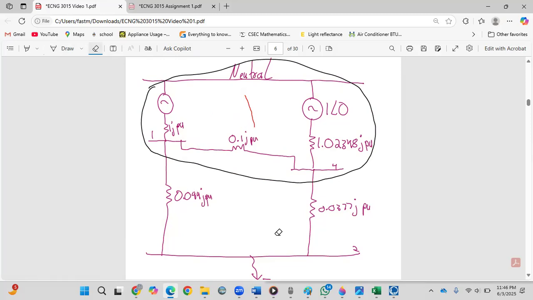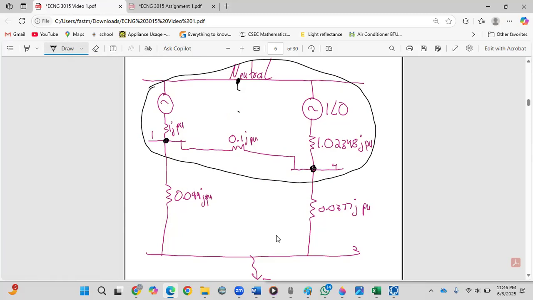What I like to do is put a dot, put a dot, and put a dot, and I'll draw in the impedances that I expect to have. Technically, since it's only the generator on top, you can just put the dot here, so it wouldn't change the result.